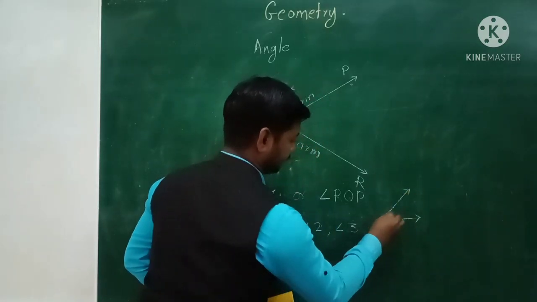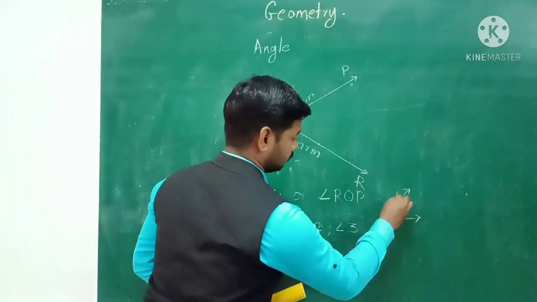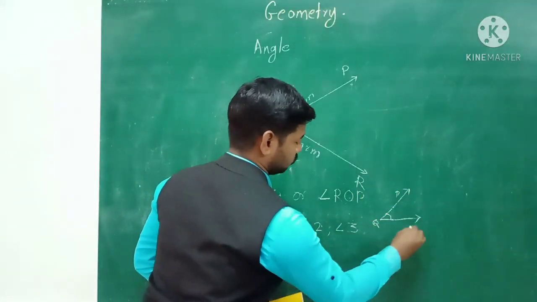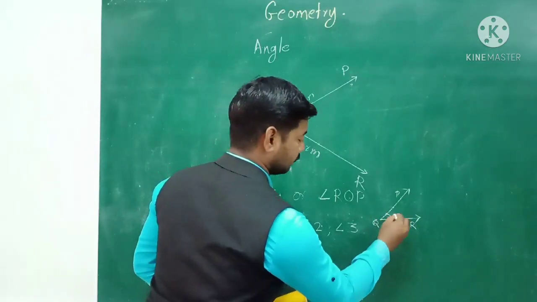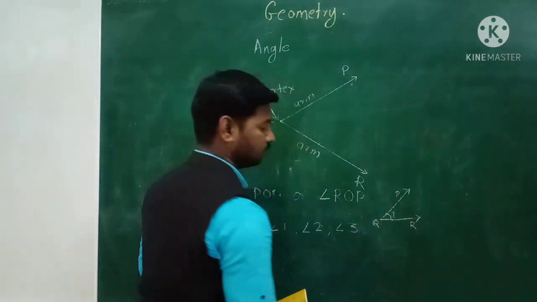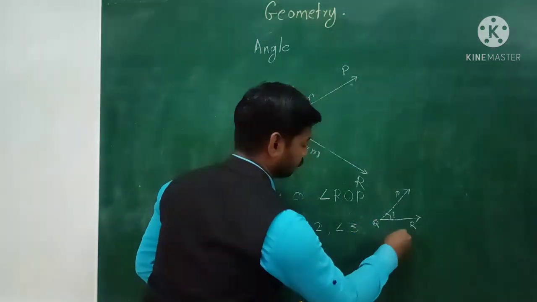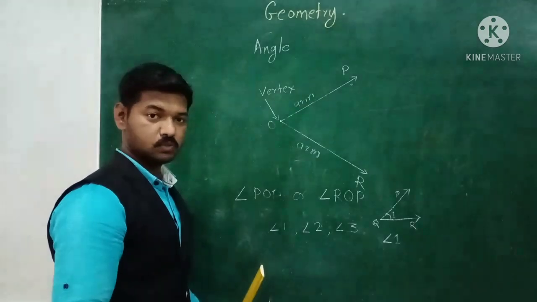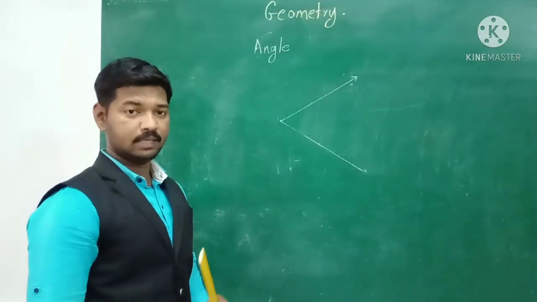Where is the angle created? Angle is created here. So we can give the names P, Q, R, and for that angle we can give the name 1, and it will become angle 1. Understood?